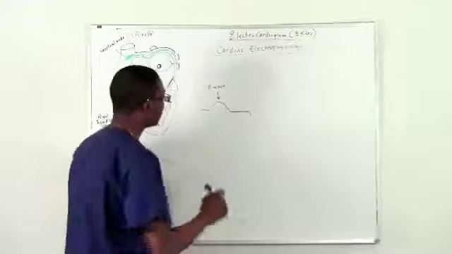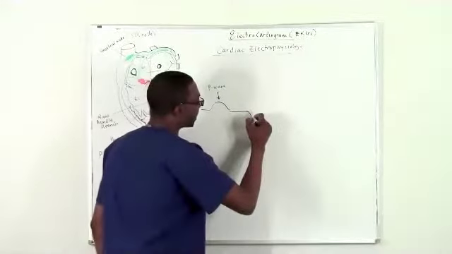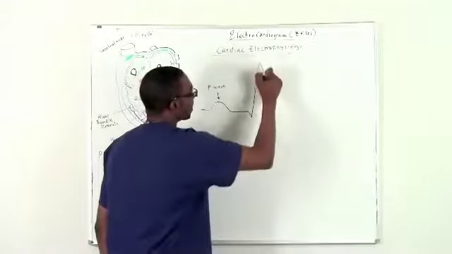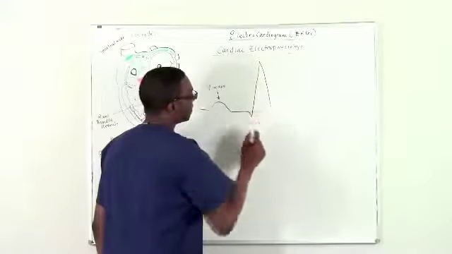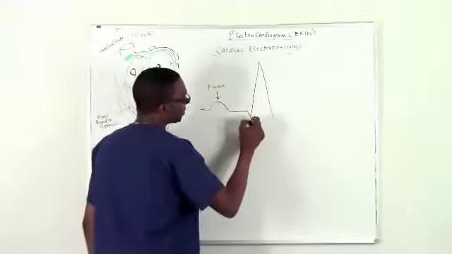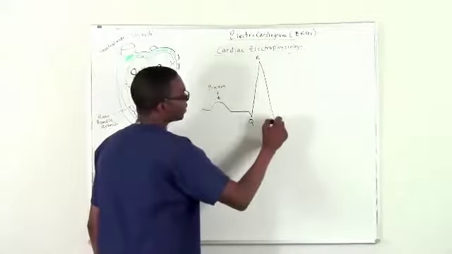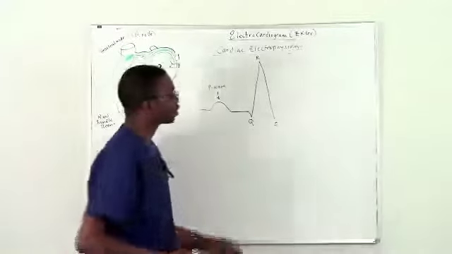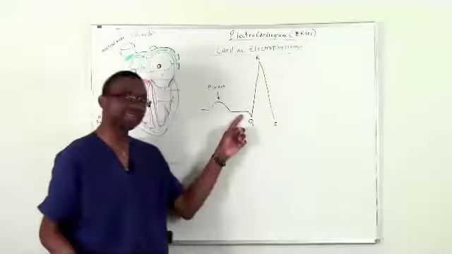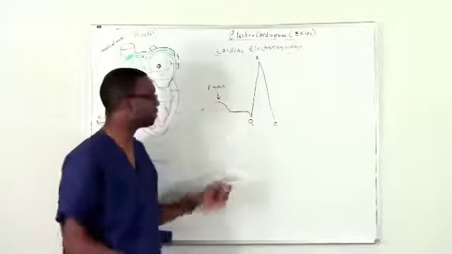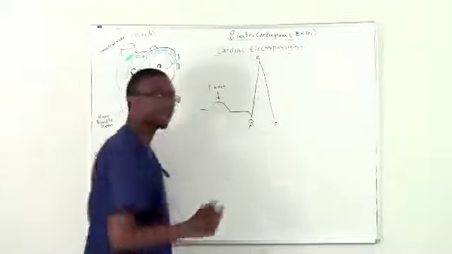Well, you're going to see another line that dips down and comes up like this, and then comes down. That is a QRS. So the first negative deflection on an EKG after a P wave is known as a Q wave.